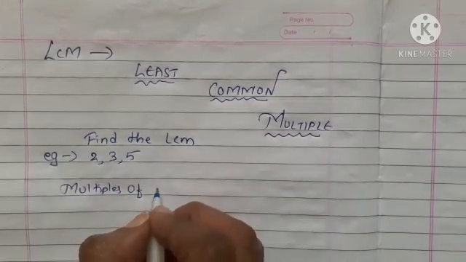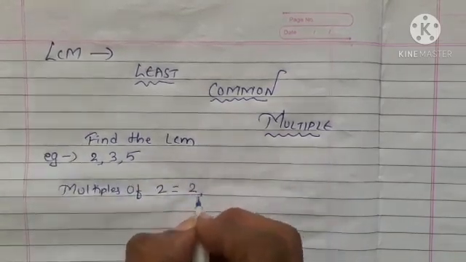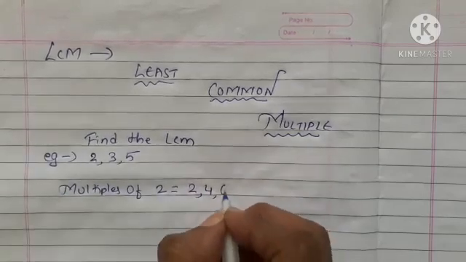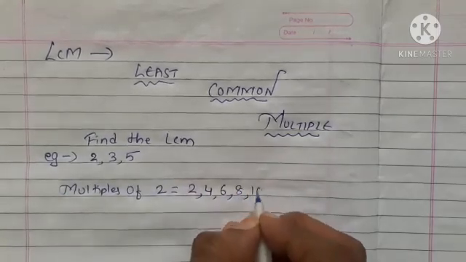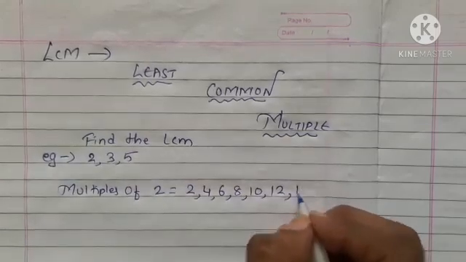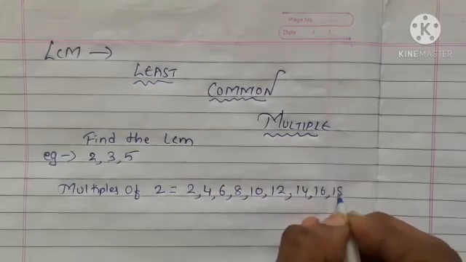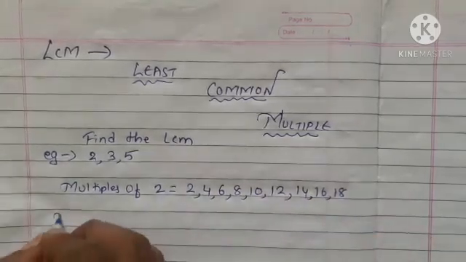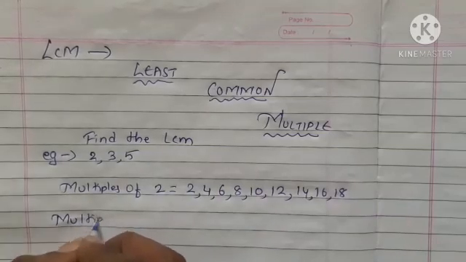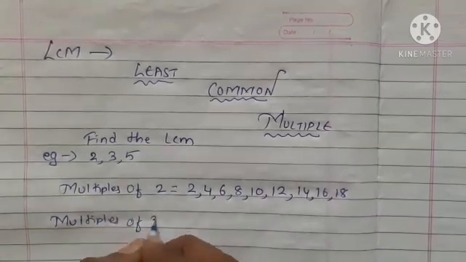First we will find the multiples of 2. They are 2, 4, 6, 8, 10, 12, 14, 16, 18. We will stop here. Next, we will find the multiples of 3.